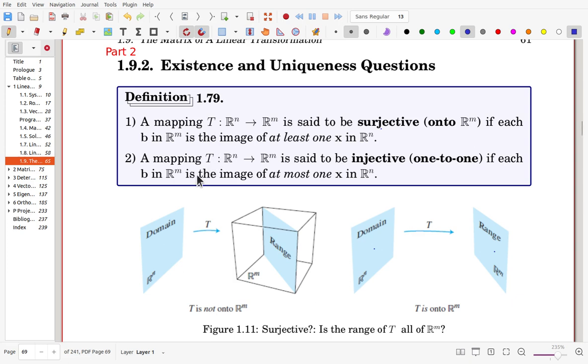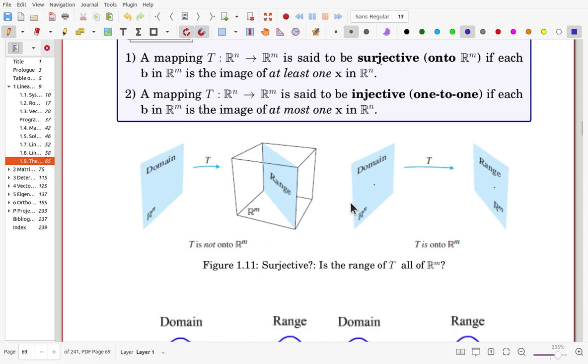Mapping T is said to be injective or one-to-one if each b in Rm is the image of at most one x in Rn. That means there is no case where more than one x is transformed to the same b. So in this case, we say it's one-to-one.